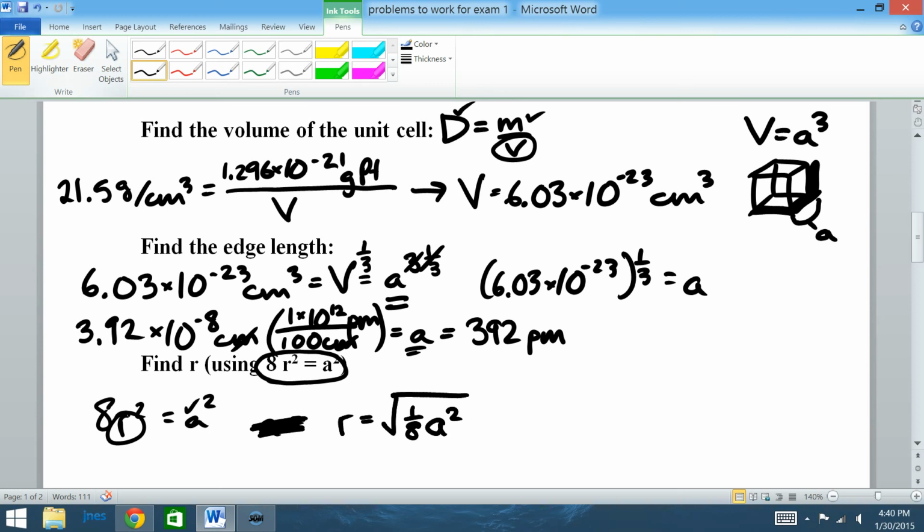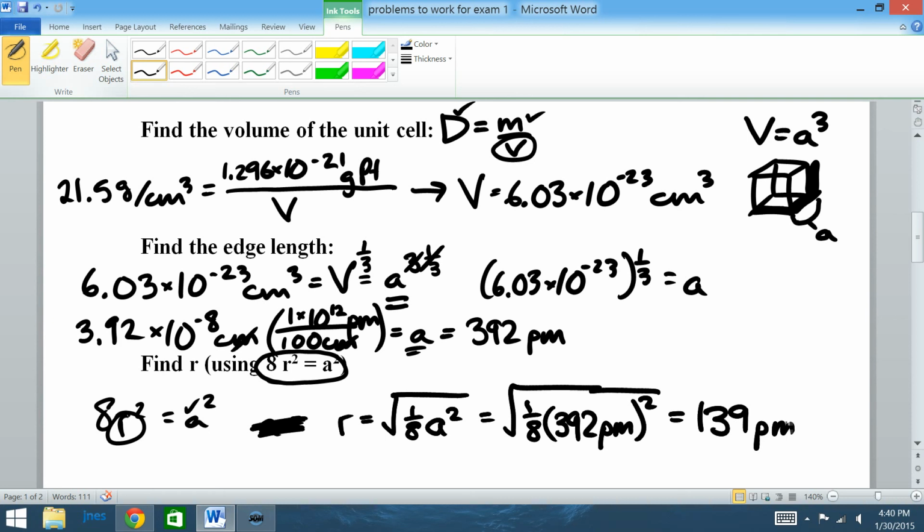So that's going to be the square root of 1/8 times 392 picometers squared. And tapping that into the calculator, we get 138.6 picometers, which is going to round up to 139 picometers for the radius, or R value, for the crystal.